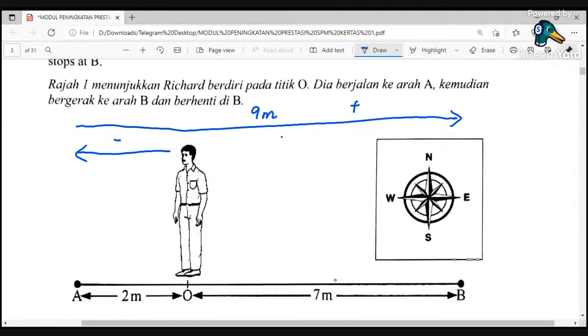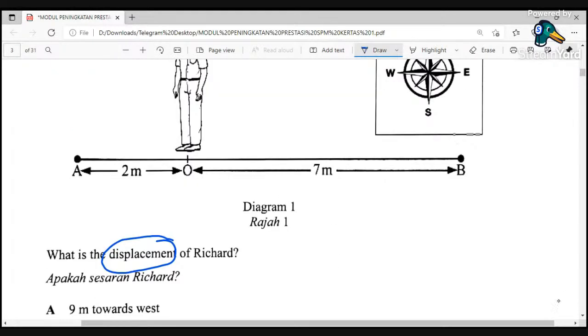And then from O to A is 2 meter. If you calculate for total distance is equals to 9 meter plus 2 meter, that one will become 11 meter. That one we call it distance travel. Jarak sahaja tanpa lihat direction itu adalah scalar quantity. Jadi terus saja plus kan. So you akan dapat 9 meter.